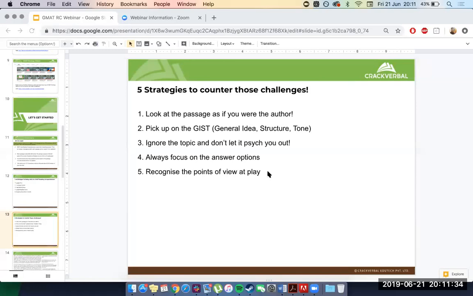Without explicitly saying it, she is indicating to you her position on this issue. She's indicating what she thinks about this.